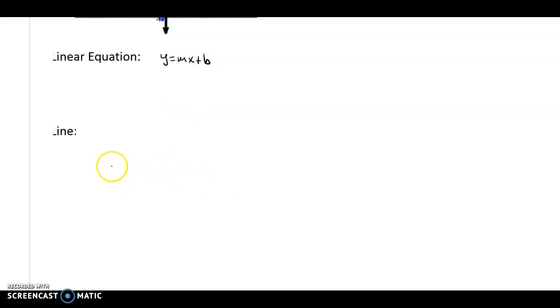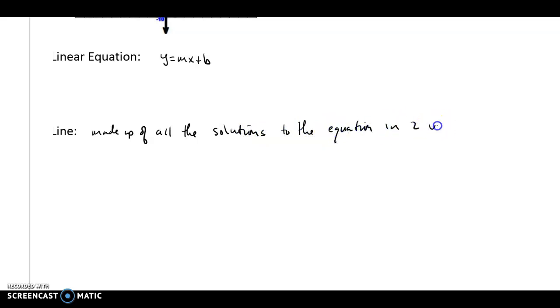Now the graph of it is a line, and the line is made up of all the solutions to the equation in two variables.